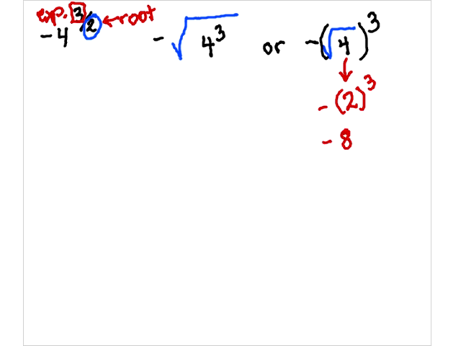If you put it on the inside, there's nothing wrong with it, but you're going to make it bigger first before you take the radical, which makes it smaller. So that would be 4 to the third is 64. Take the square root, and that's also going to be -8. So they're the same answer. But I think if you take the radical first, it makes the number smaller and just a little bit easier to deal with.